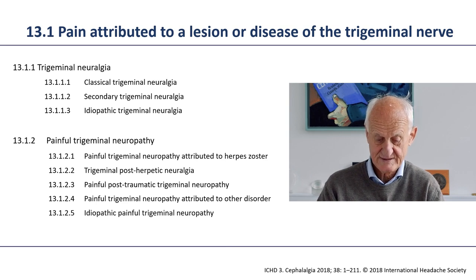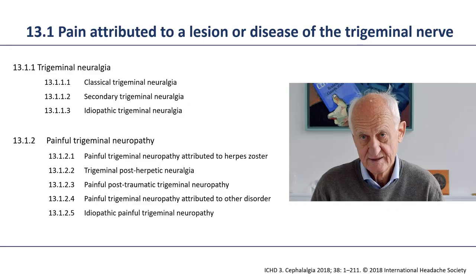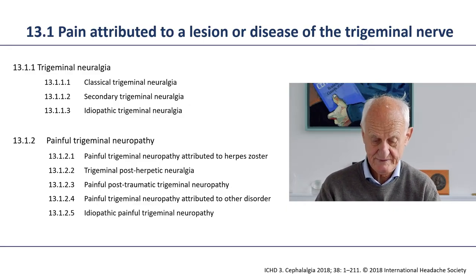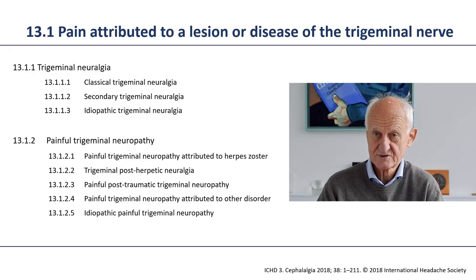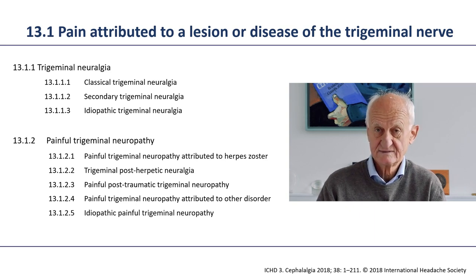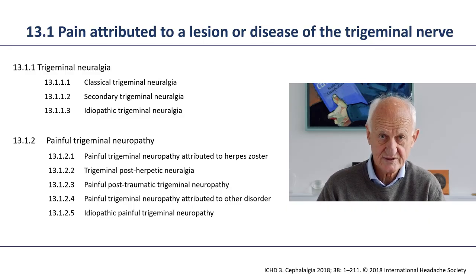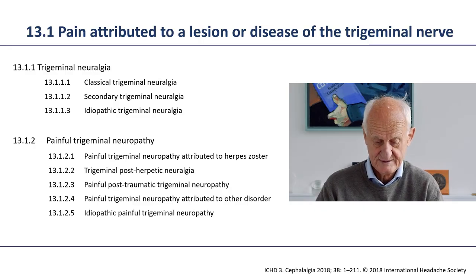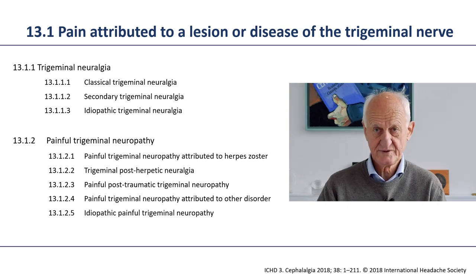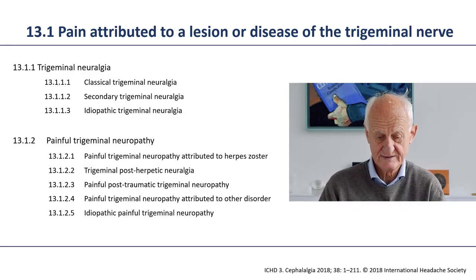And the painful trigeminal neuropathy can be caused by a number of things, and we mention here specifically herpes infection and post-herpetic neuralgia, post-traumatic neuralgia, and then neuralgia attributed to other disorders such as a tumor, for example, or inflammation. And there's also idiopathic, where we don't know why the patient has these chronic trigeminal pains.